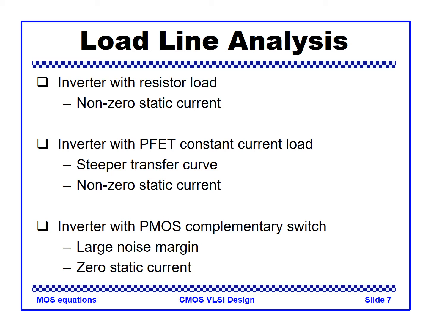The second type of load is PMOS. Let's say we have a PMOS with a constant current load like this, with some bias voltage applied. So V in, V out: when V in is 0, then V out will be VDD because this is a constant current source.